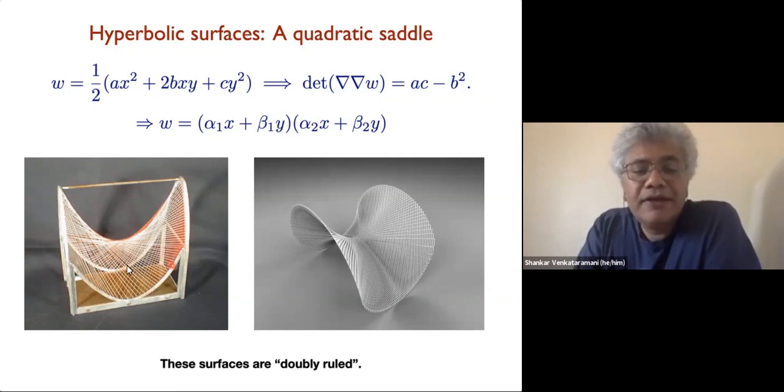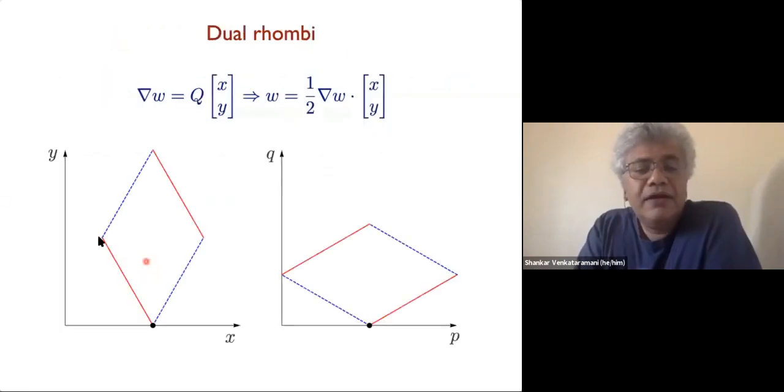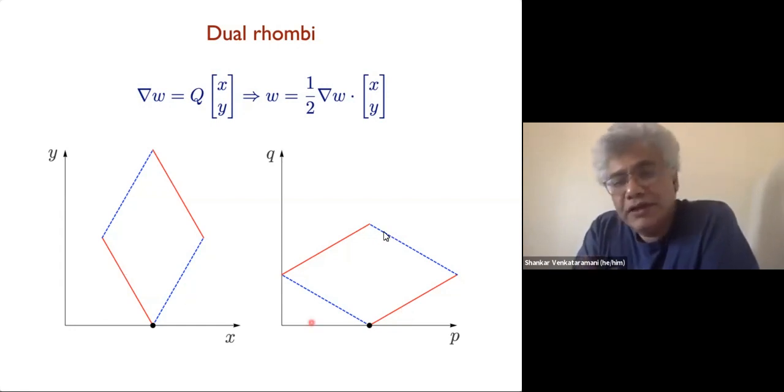And if you look at the gradient to the surface along these parallelograms, you have the following picture that in xy, you have a parallelogram, which we can take to be a rhombus. In the PQ plane, this line, this blue one, gets rotated by plus pi over 2. The red one gets rotated by minus pi over 2. And it's going to take these rhombi and give you another set of rhombi in the gradient plane.